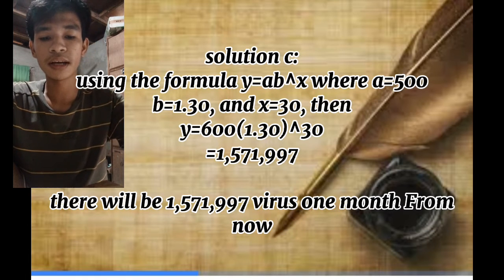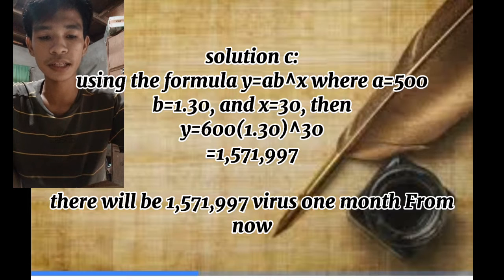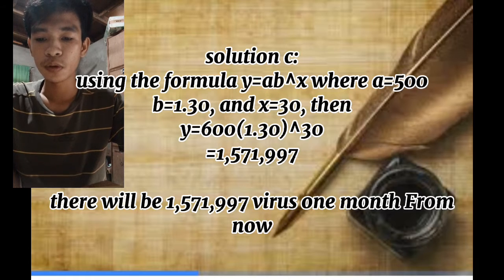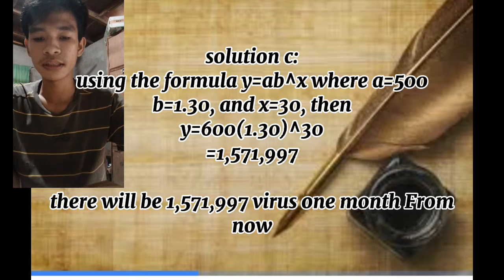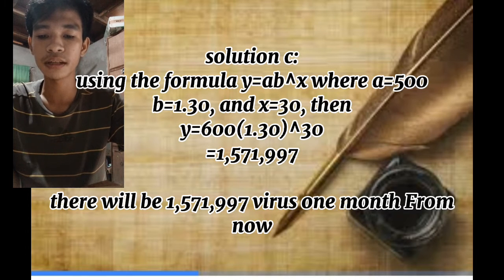So solution C, guys. Using the formula y equals a times b raised to x, where a equals 600, b equals 1.30, and x equals 30. So, again guys, we changed the value of x. We replaced it with 30 because 1 month is equivalent to 30 days. Then y equals 600 times 1.30 raised to 30.